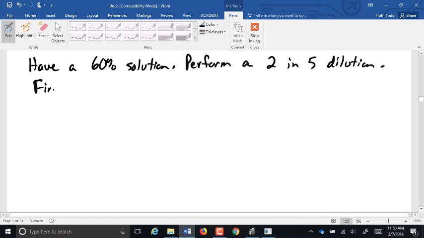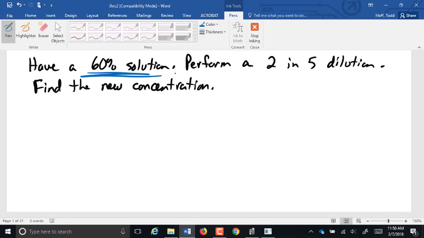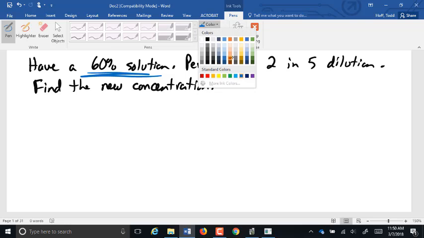Find the new concentration. Well, the one thing you can see that is noticeably missing here is the volume of that original 60% solution. The answer is it doesn't matter, but let's take a look and let's just assume a volume.